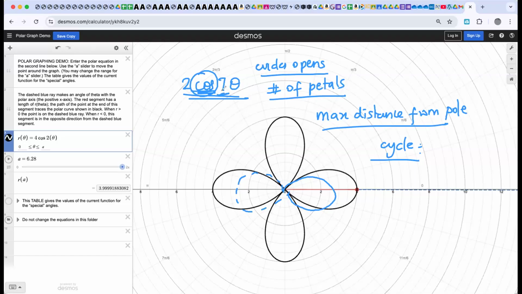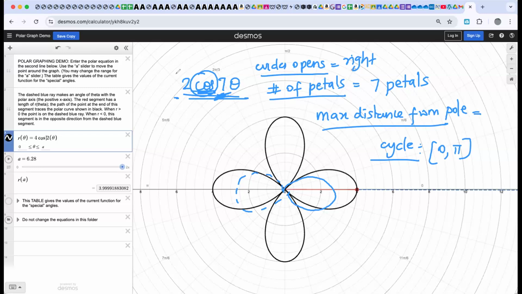Now, 7 means it's odd. So how many petals? 14? Isn't it only doubles for even? So 7 petals. But wouldn't it be 14, with 7 overlapping each other? True, but we only see one cycle, right? Oh yeah, I forgot. So 0 to pi, because it is odd.